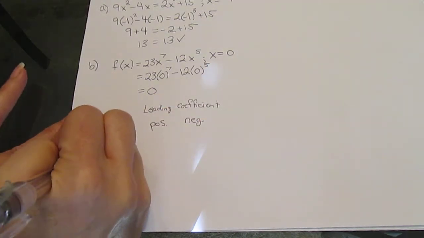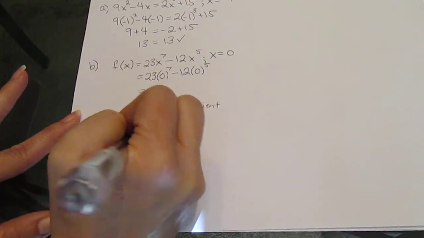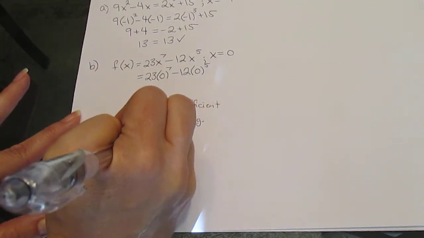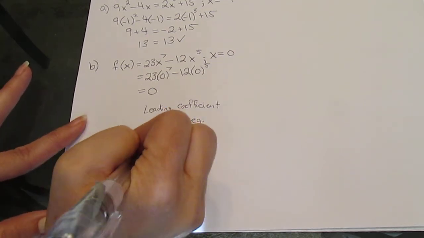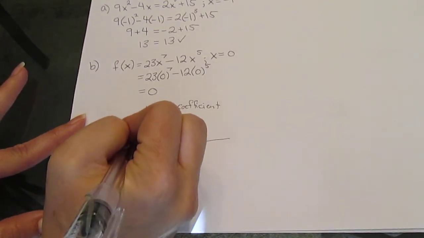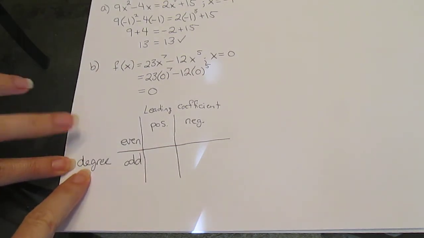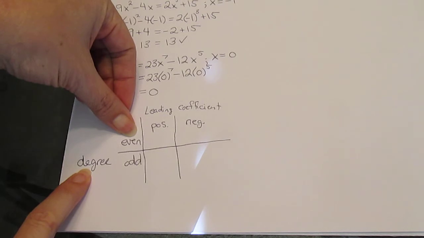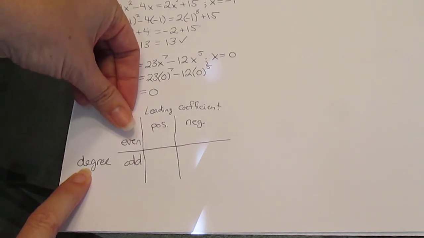And I've got the degree, and that's either going to be even or odd. Okay, so you've got 4 choices. You're going to first look at your degree. If your degree is even, that tells you that both sides are going to go the same direction.